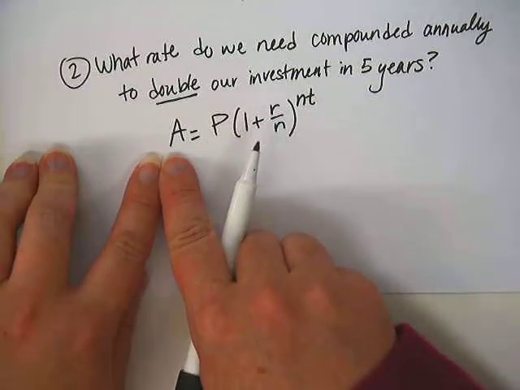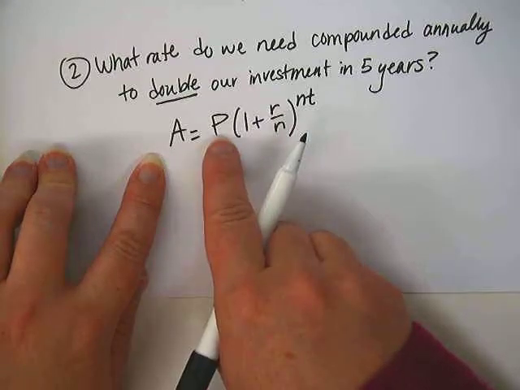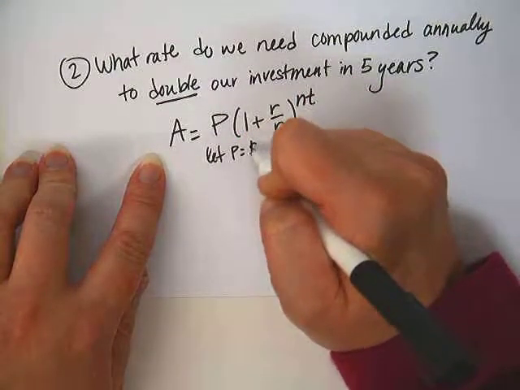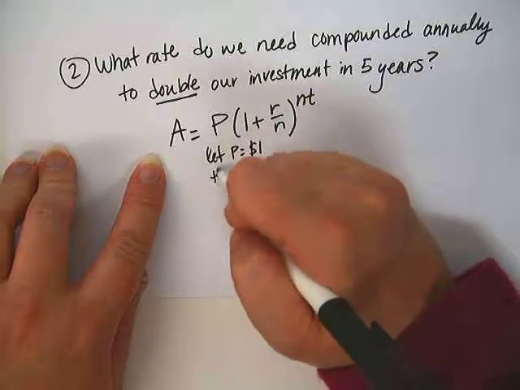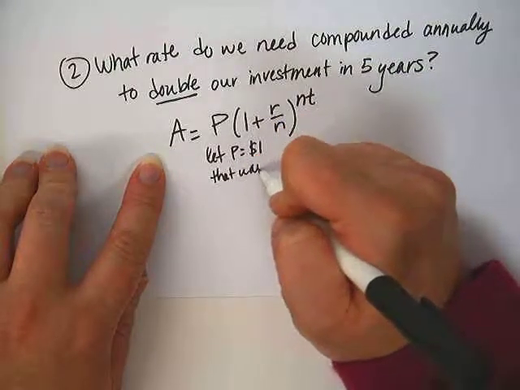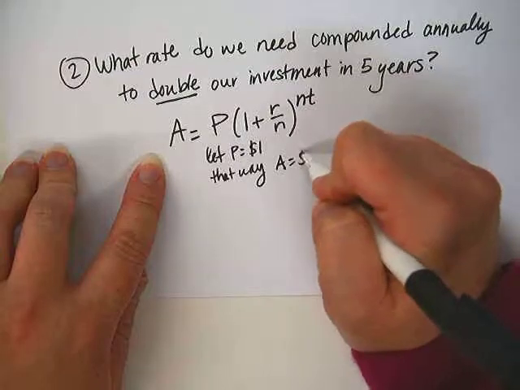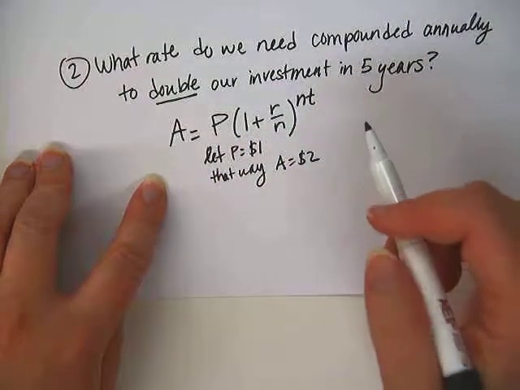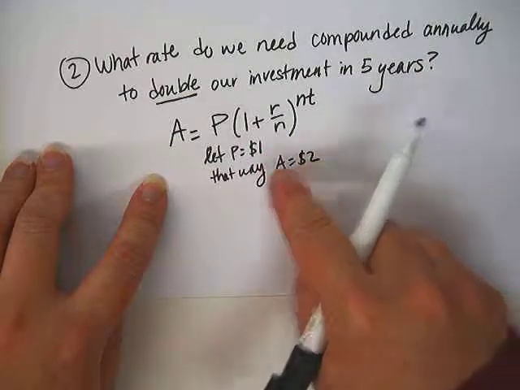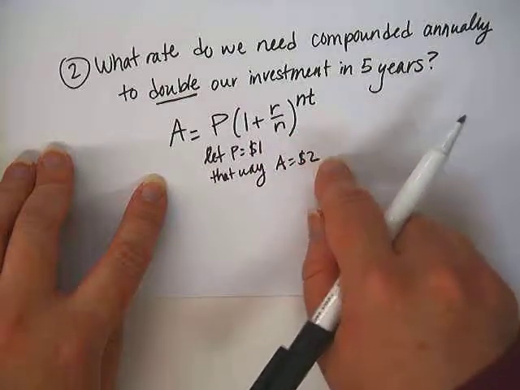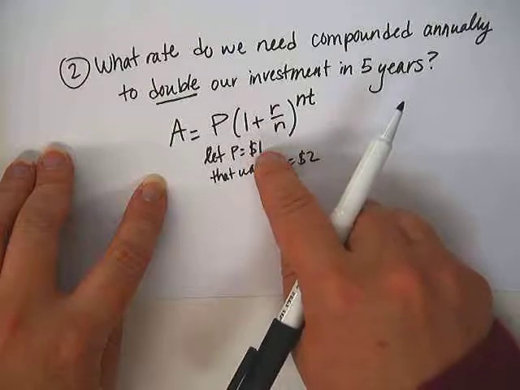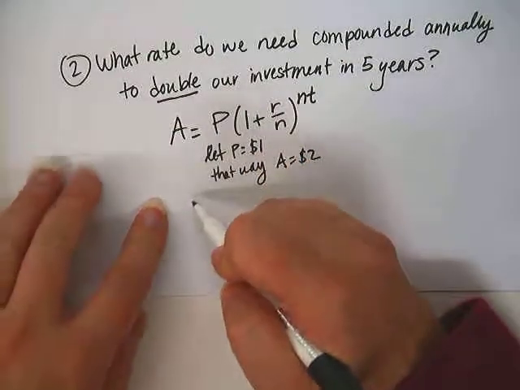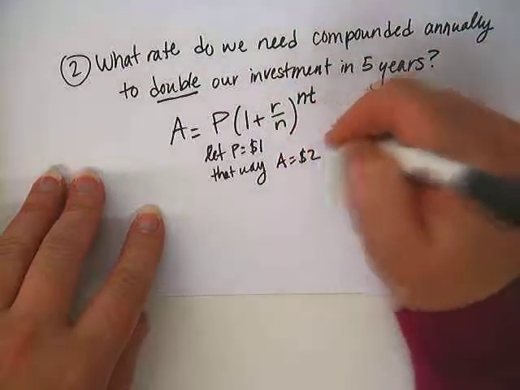That means you can choose any number you want for P and then double it for A. So the easiest thing to do is to just let P equal $1, and that way A just equals $2, and those are really easy numbers to work with. You could use any numbers you want. You could use 500 and then 1,000, but you're going to end up having the 1 and the 2 be in the equation in the same place anyway.